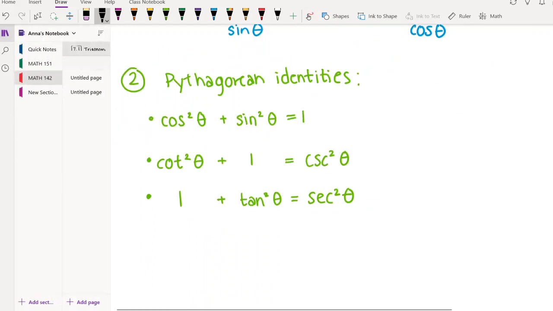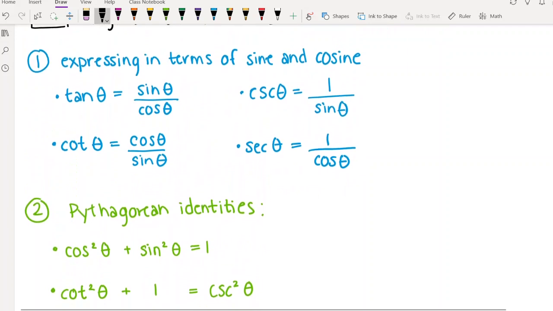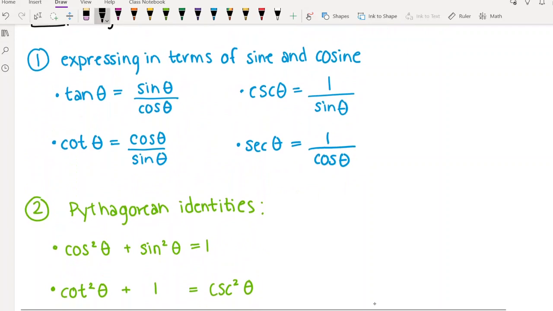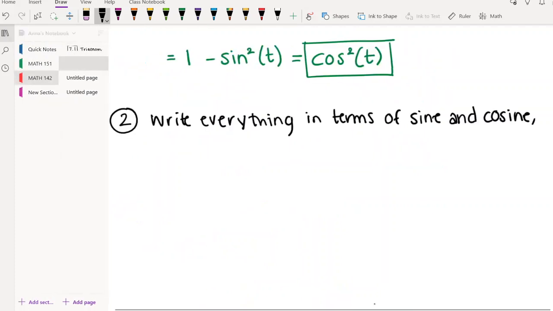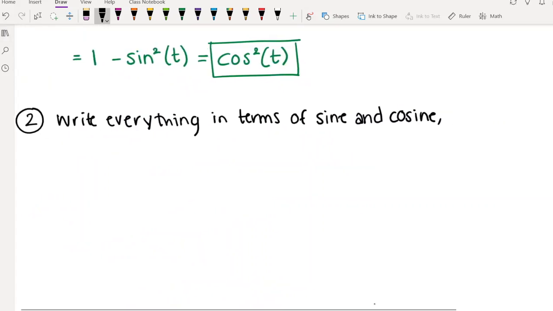So going back to our list here, if you have anything that isn't just sine or cosine, it's going to be a fraction. And so you'll be introducing fractions into your expression. And by introducing fractions, that will give you the opportunity to make common denominators. So that's really the key part of this method.